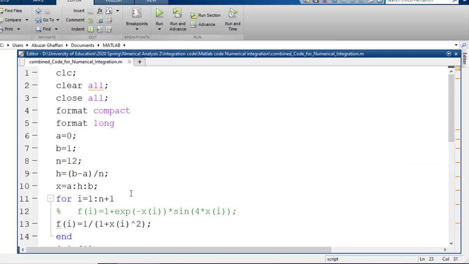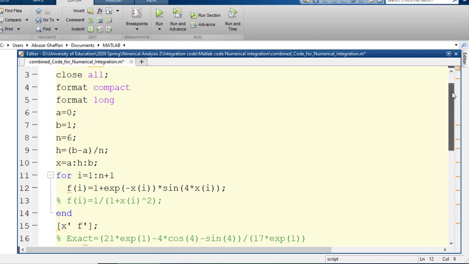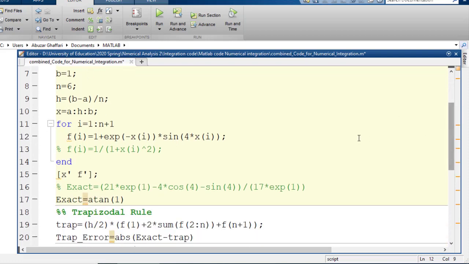First I will solve the first example for n is equal to 6. The function is 1 plus e raised to power minus x sine 4x, and its exact solution is this.